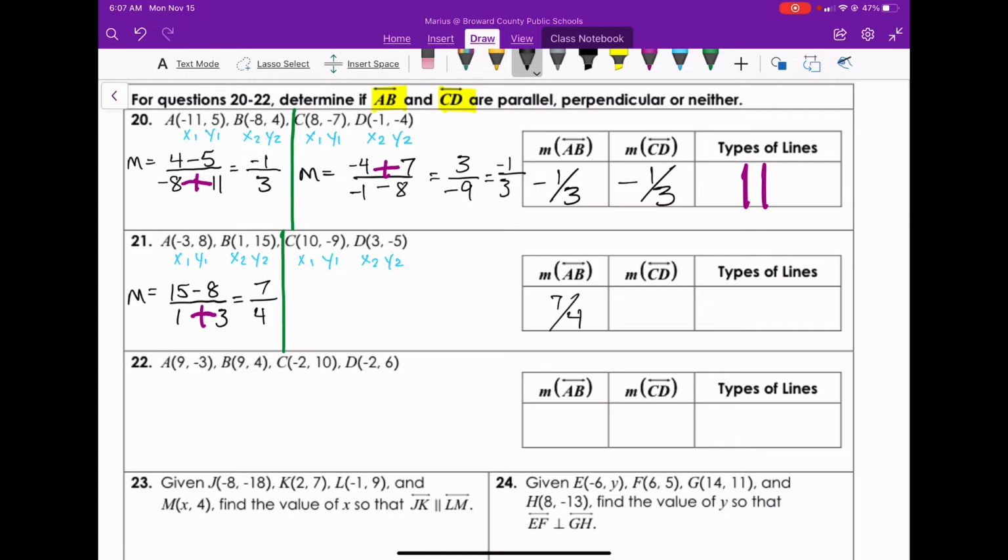Now we have to do CD. CD is going to be m equals y2 minus y1, so negative 5 minus negative 9, and then x2 minus x1. On the top, once again, we have what we call double negatives, so we can add.